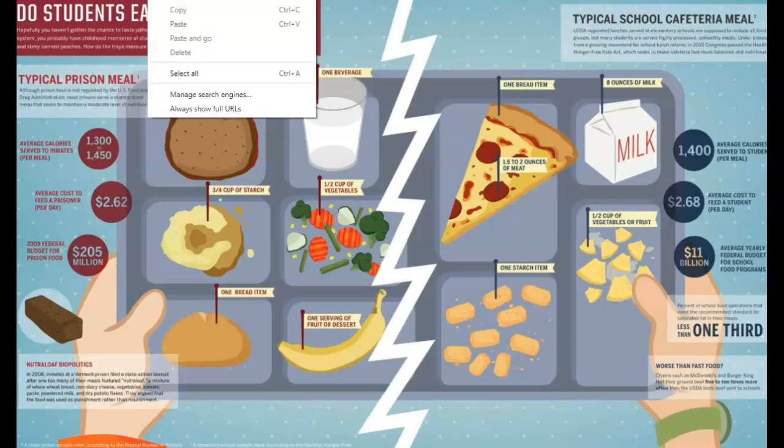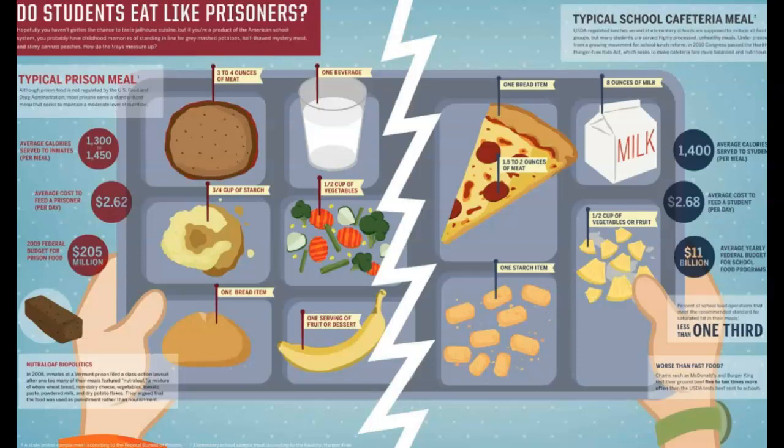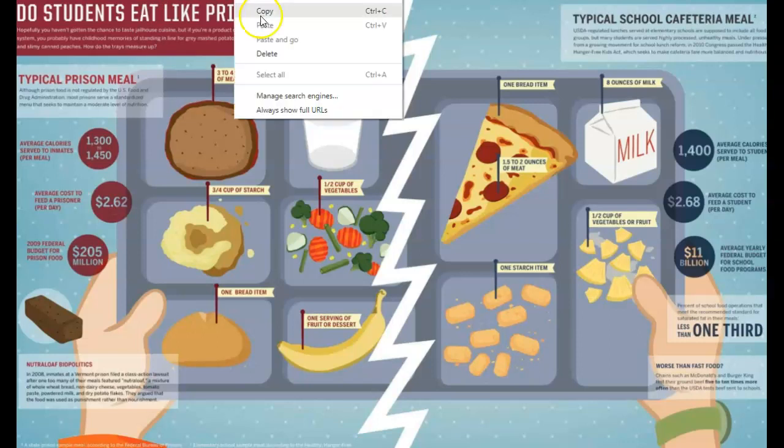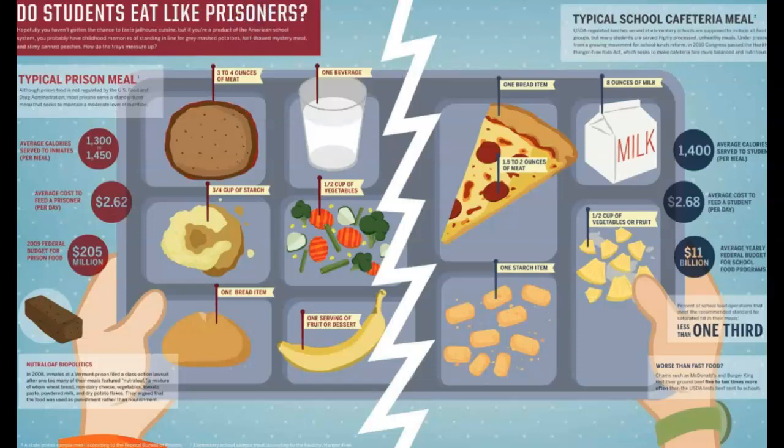Okay. I was thinking it would highlight by itself. Okay. And then I'm going to copy that. And I want to put that in a document. So I'm going to show you now how to do it. Let me get a blank document up.